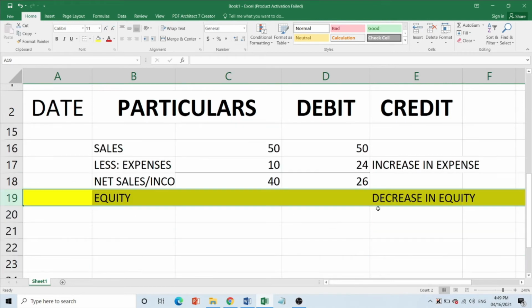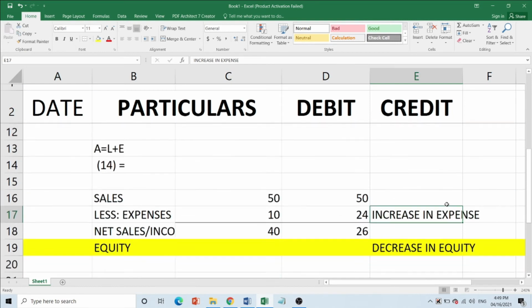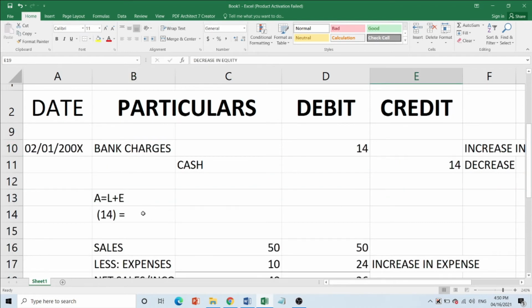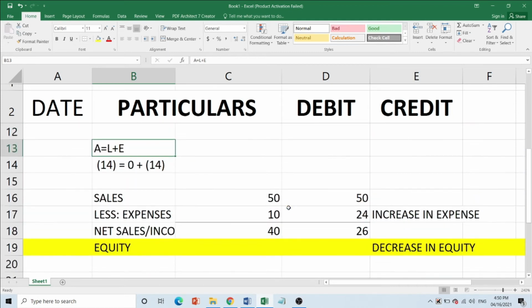The effect, not here. Normal balance po kasi pinag-usapan dito. Okay? So since decrease in equity, walang effect kay liability, it is 0, plus effect kay equity, 40, decrease. Still, our accounting equation is equal.